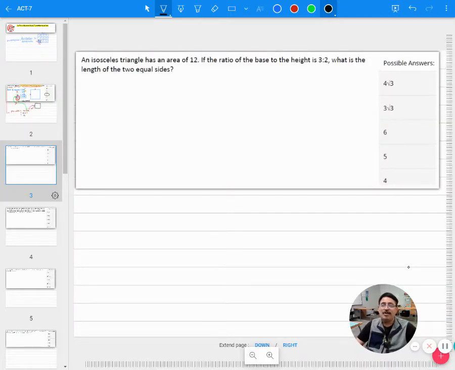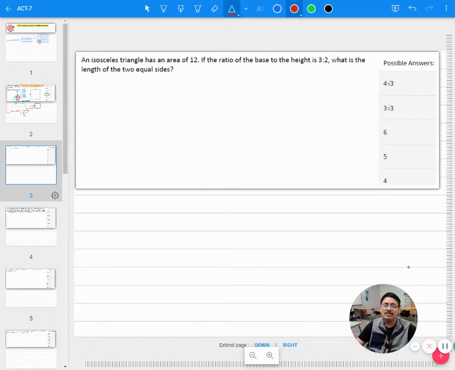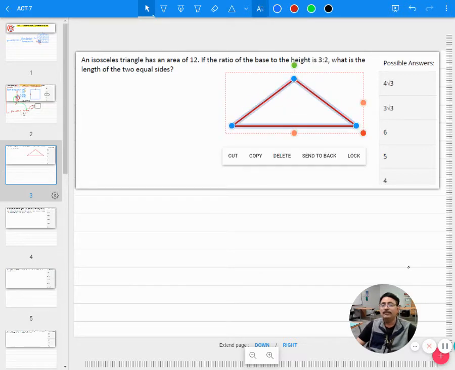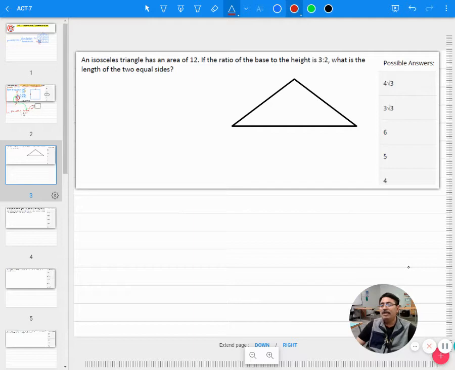An isosceles triangle has an area of 12. If the ratio of the base to the height is 3 is to 2, what is the length of the two equal sides? So first of all, let me draw an isosceles triangle. You know that isosceles triangle means 2 sides are equal, right? Therefore, let me take this way. Well, this looks good. Okay, an isosceles triangle has an area of 12.